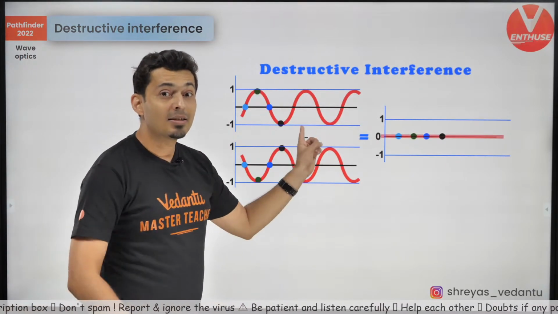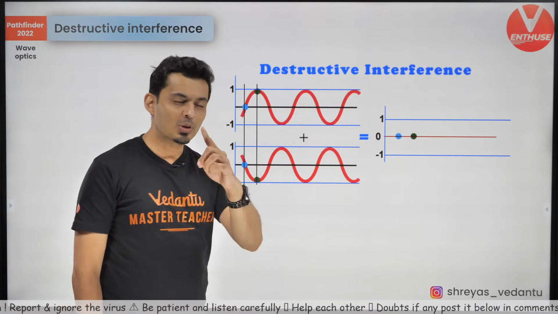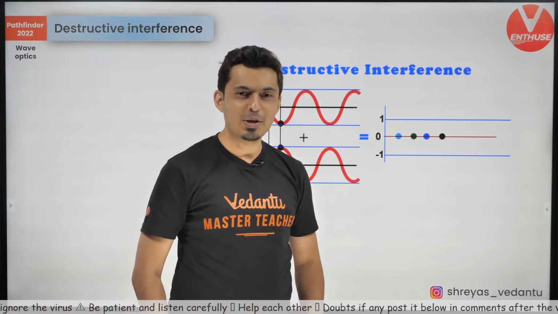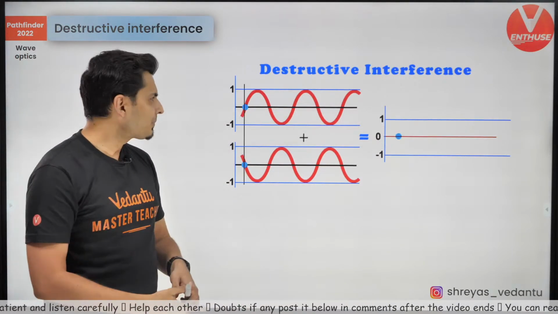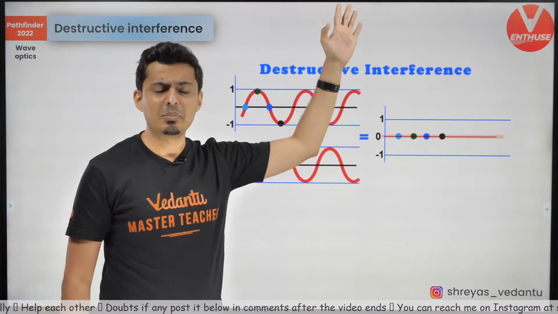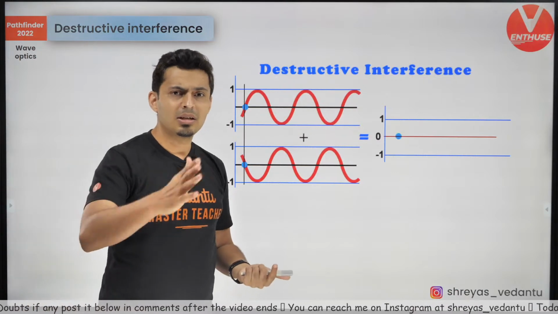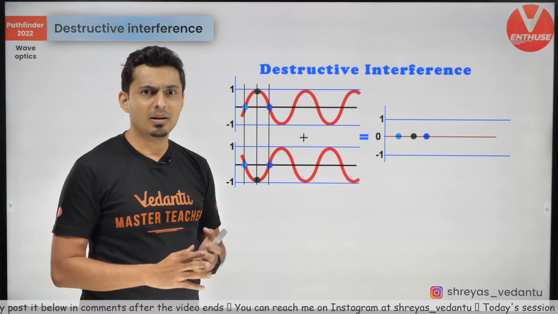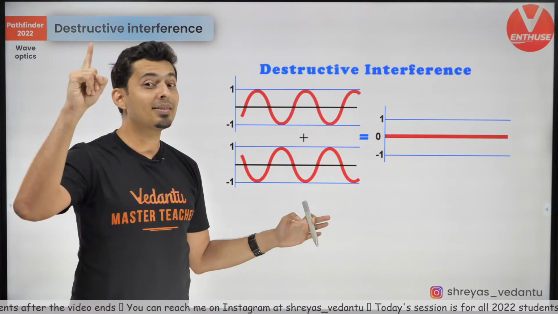And by the way, this is the principle of working of your noise cancelling earphones. Most of you would have heard of Bose noise cancelling earphones or MI noise cancelling earphones. What does it do? You are hearing some noise from your surroundings. Some child is screaming, people are quarreling, somebody is shouting, there is some gentle breeze, somebody is honking. All these are noises. You don't want to listen to that. You want to listen to music.